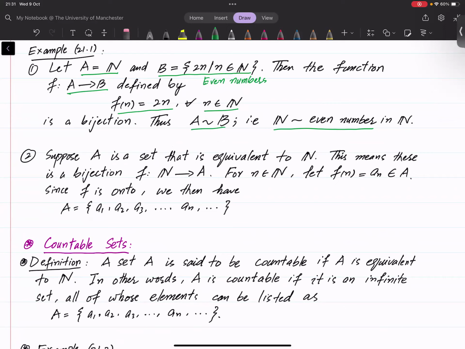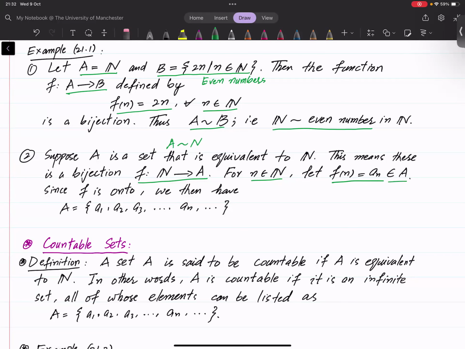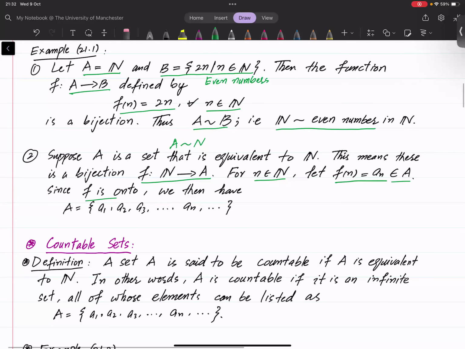In general, for this statement that A is equivalent to N, this means that there is a bijection function from N to A. Now, for every n in the natural numbers, we can define this bijection function so that it sends every natural number n to some a_n inside A. Since f is onto, A can be written like this.